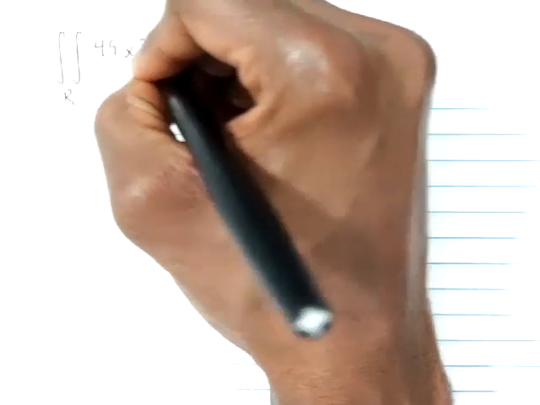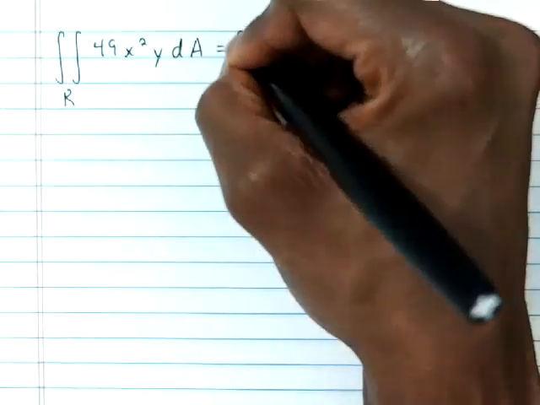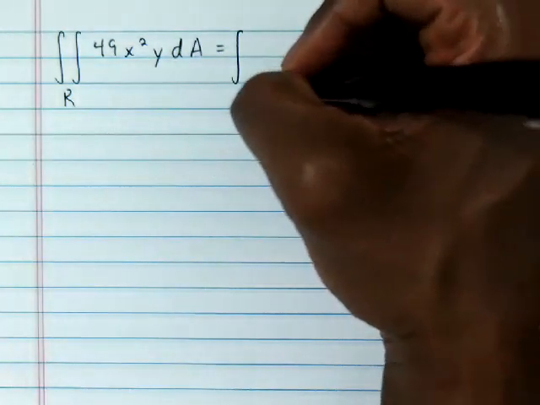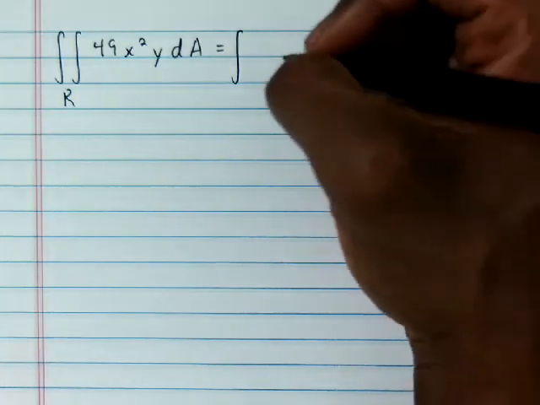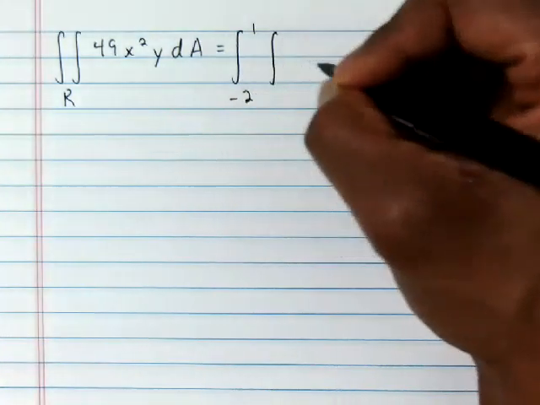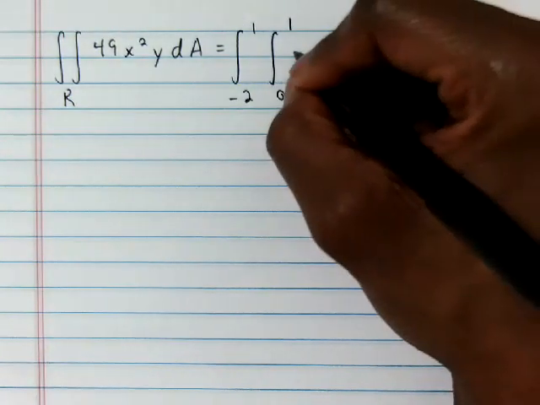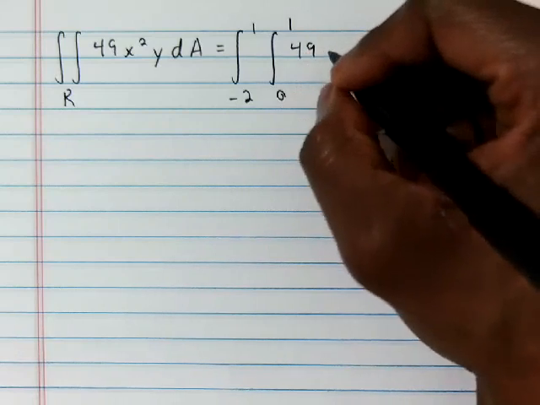ends up being the double integral over R of 49 x squared y dA equals the iterated integral from -2 to 1, and then from 0 to 1, 49 times now our x.